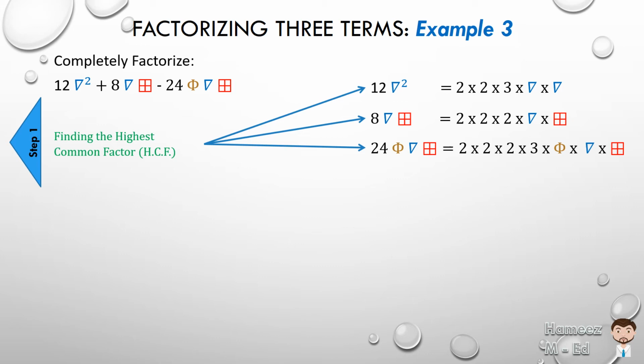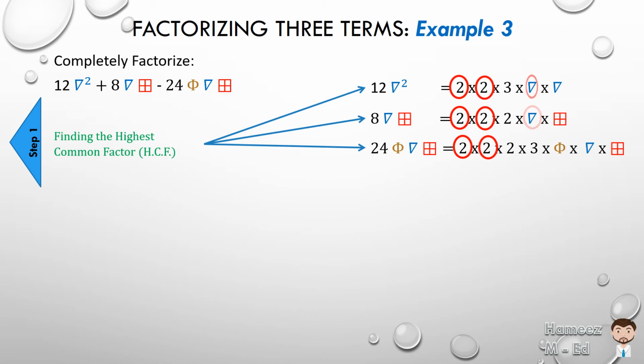So now we look for what is the same in all 3 terms, not just 2, but all 3. There is a 2 in all 3 terms, and we have another 2, but there is no other number. But if we look for a shape, it can't be windows because windows are only in 2 of them.